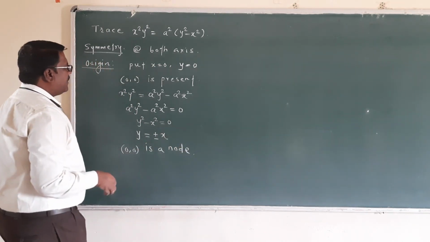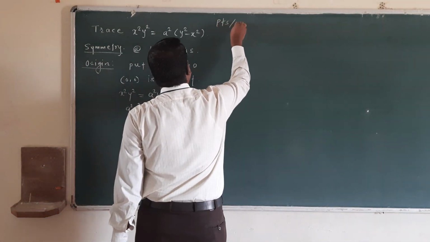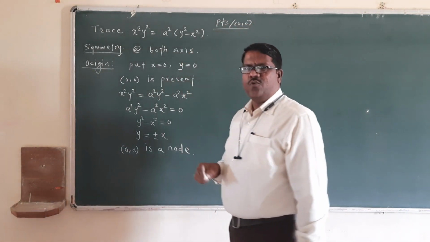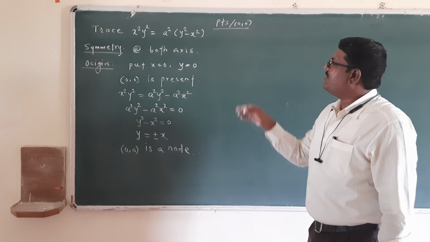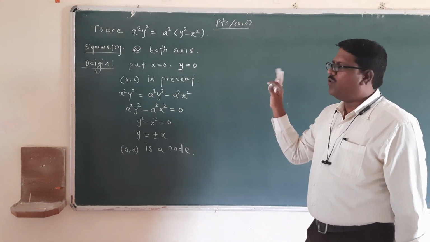Now the next point is points other than origin. If the curve is symmetric about both axes, we find points of intersection on both axes.